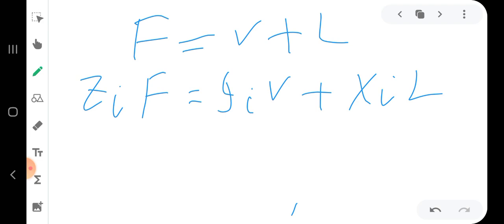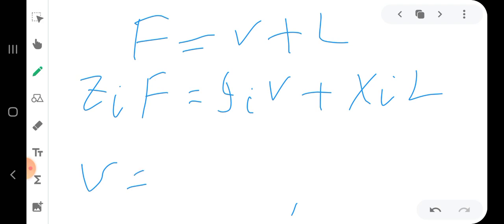For simplicity, let's define a quantity called the vapor percentage in the feed, and we are going to call it mu.